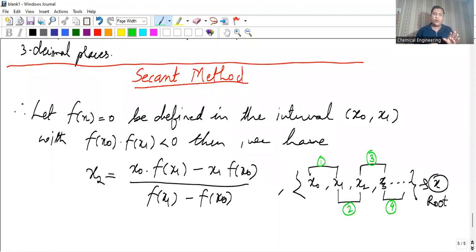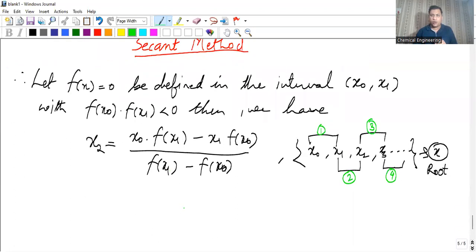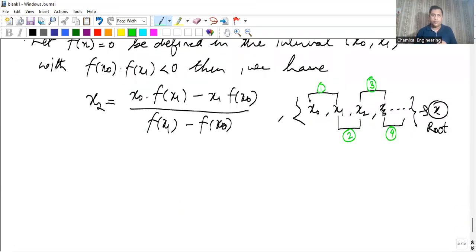What we'll do is discard one value from the previous interval and form the new interval, x1 and x2. Obviously x2 is in between x0 and x1. How will it look?